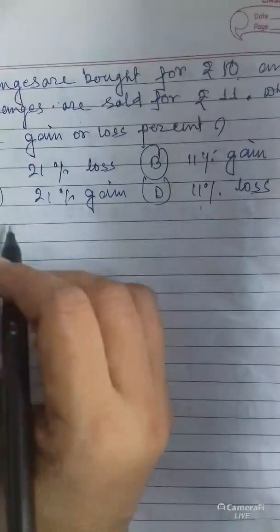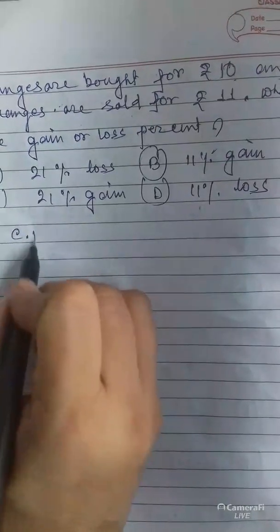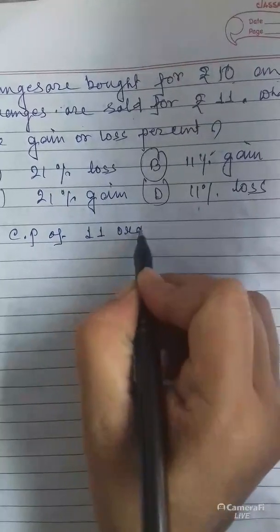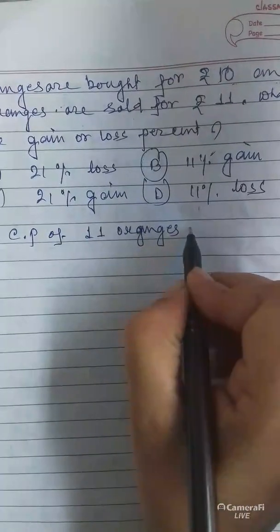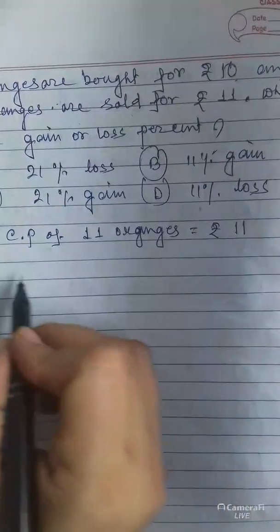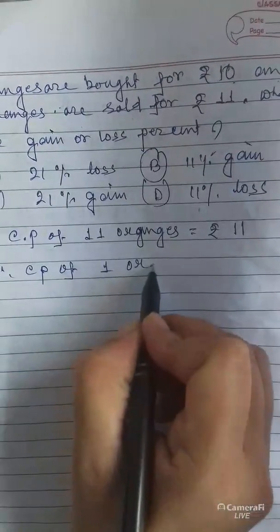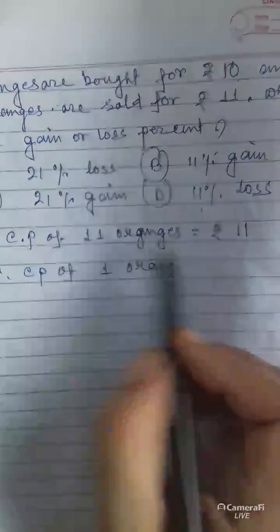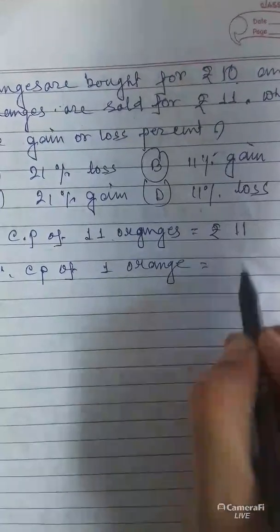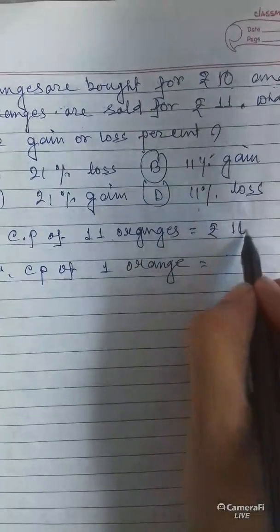Now, CP, cost price of 11 oranges is rupees 10.